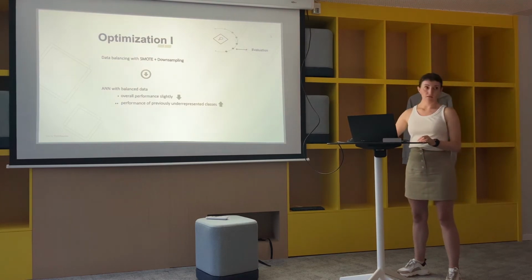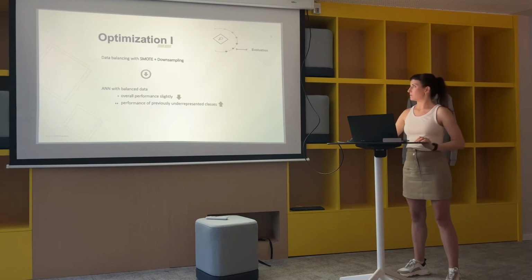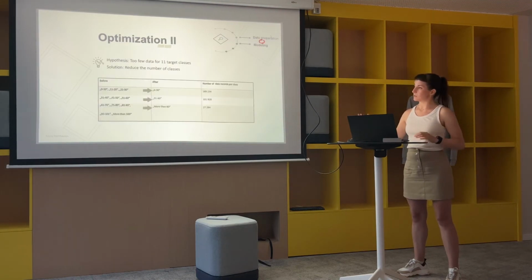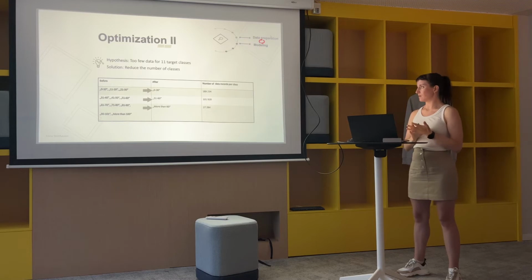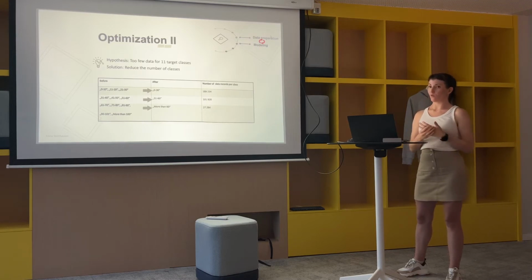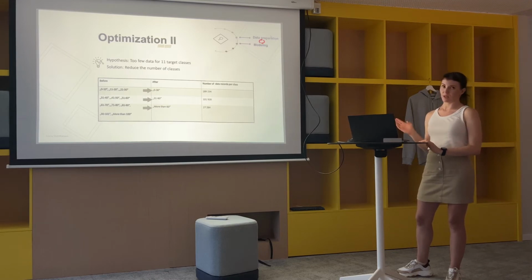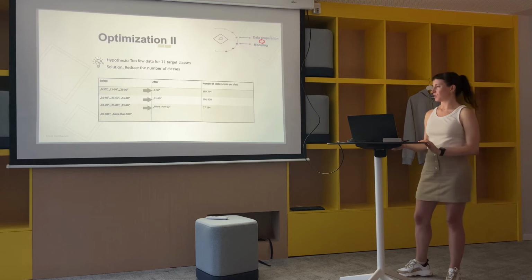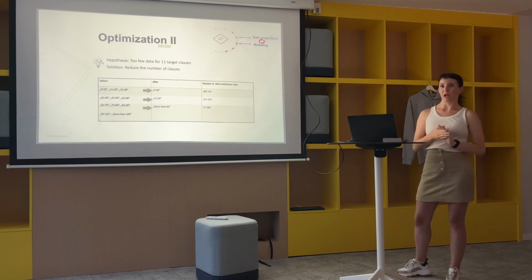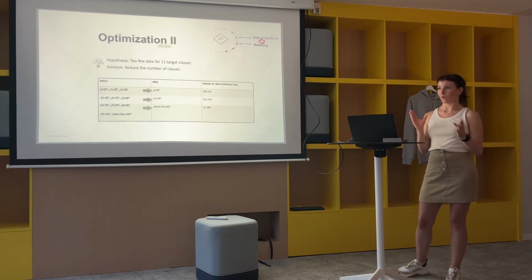And then I thought about what else I can do, and my hypothesis, following applying SMOTE for 11 target classes, was that the number of data is overall not enough for the model. That's why I decided to make another solution: to reduce the number of classes. This solution you can sometimes also find in the literature. Well, it's not applicable for every type of problem.